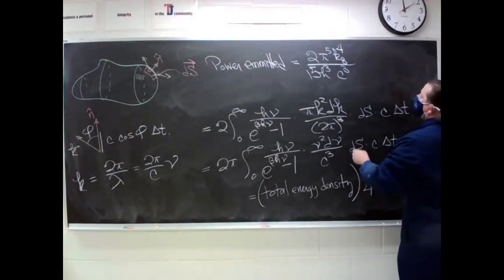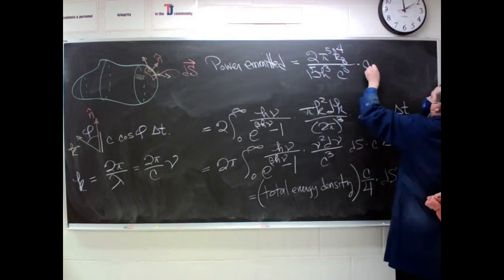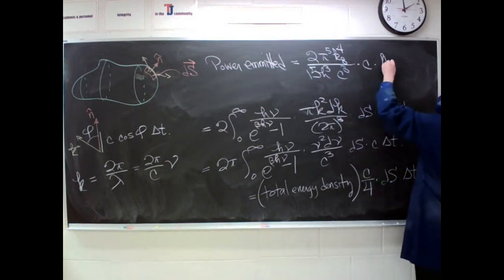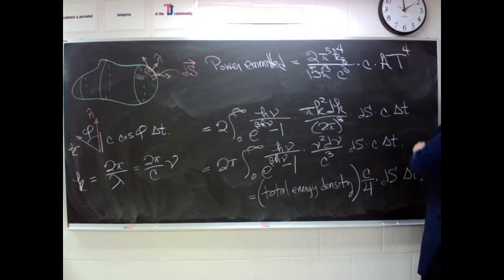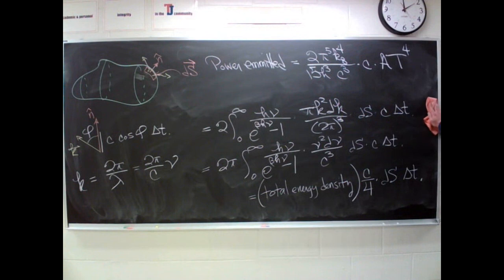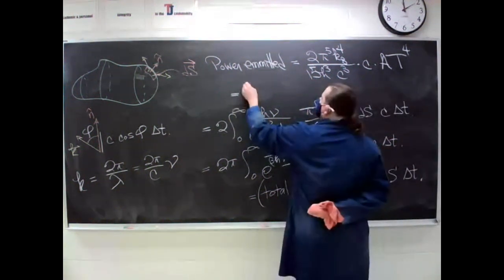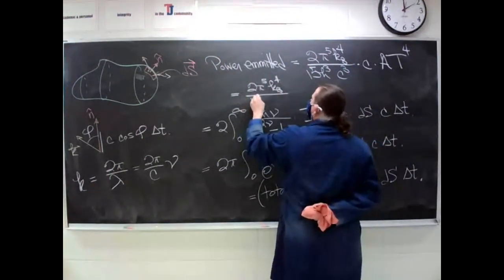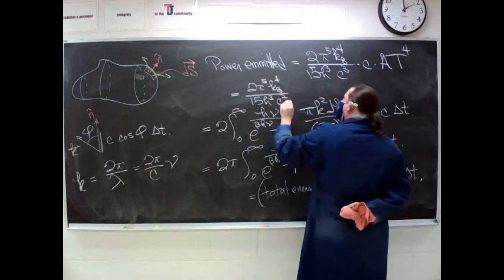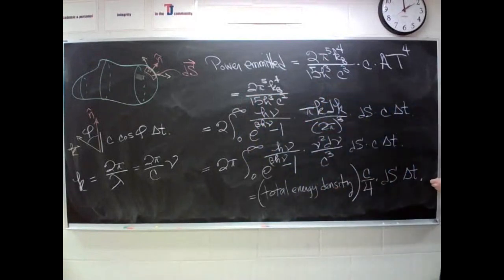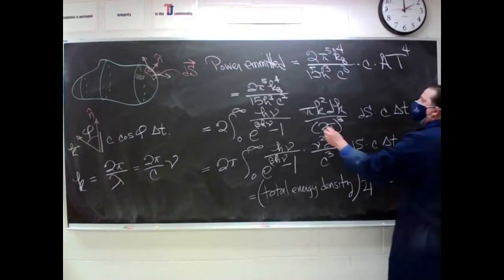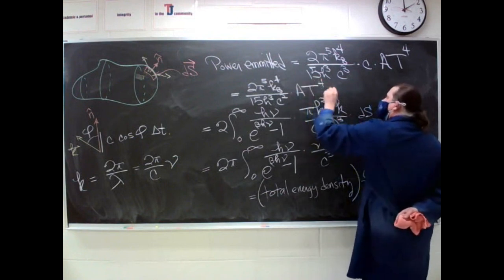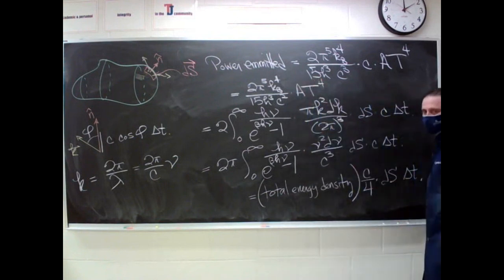I already did the 1/4 because it was 8. All right, we get that. So that's going to be equal to pi to the fifth k Boltzmann to the fourth divided by 15 h cubed c squared, times A T to the fourth.